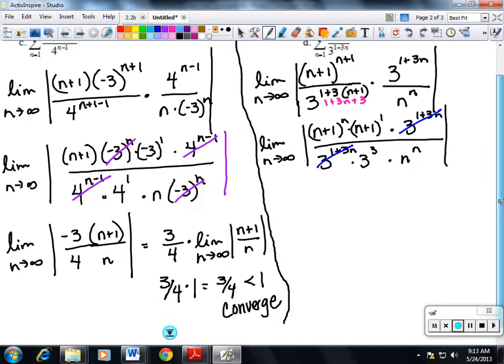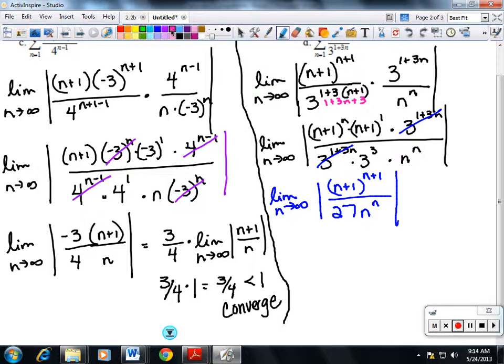So let's see what we have left. We've got the limit as n goes to infinity of n plus 1, basically to the n plus 1, that did not go away, over 27n to the n. Now if you look at your degrees, just look at this one here.